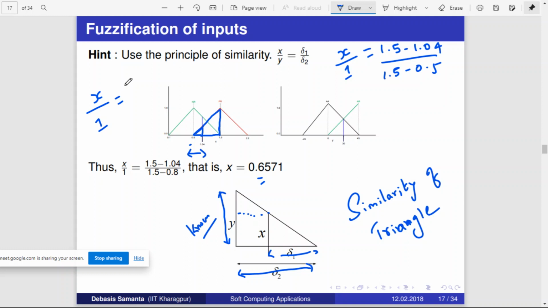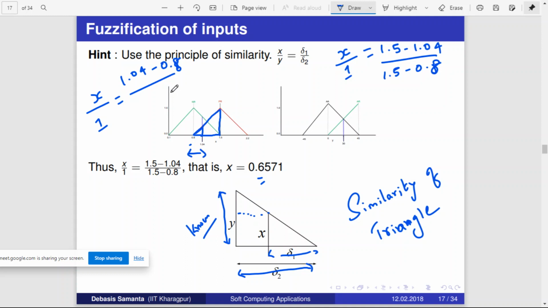Delta 2 is this entire thing. Again, sorry, this is 0.8. Here also it's 0.8. So 1.04 minus 0.8, and this entire thing is 1.5 minus 0.8.